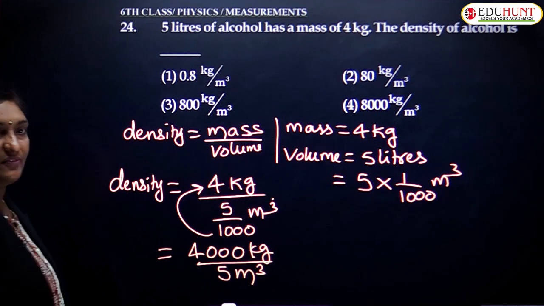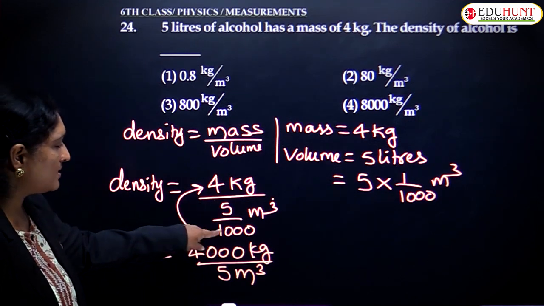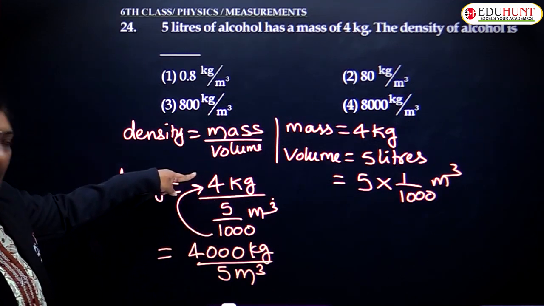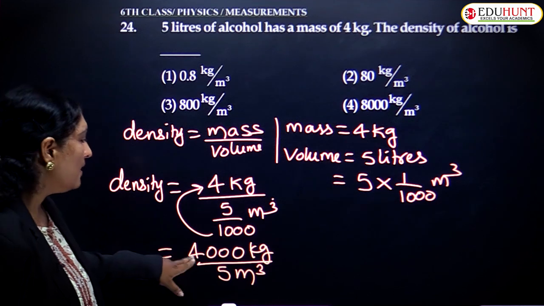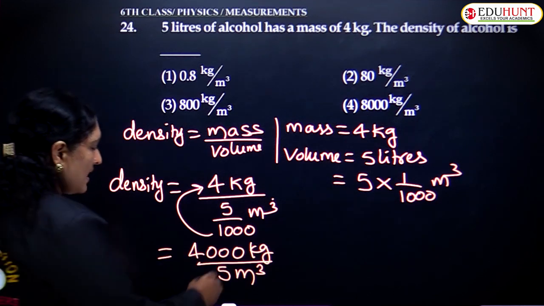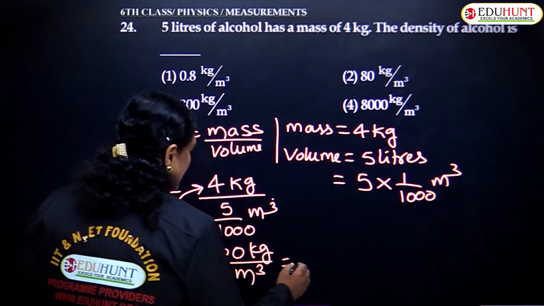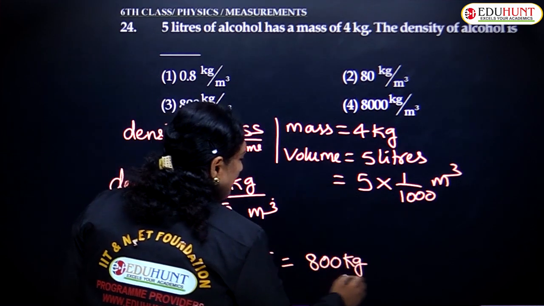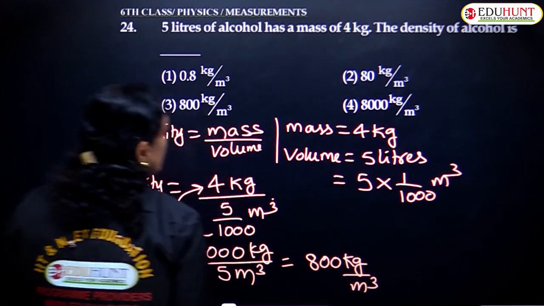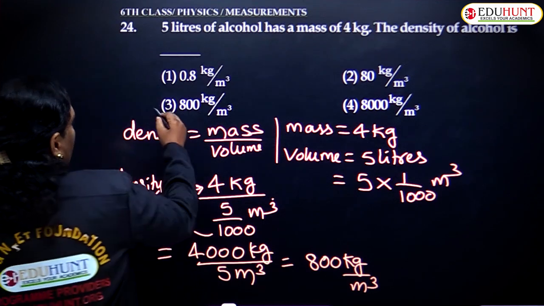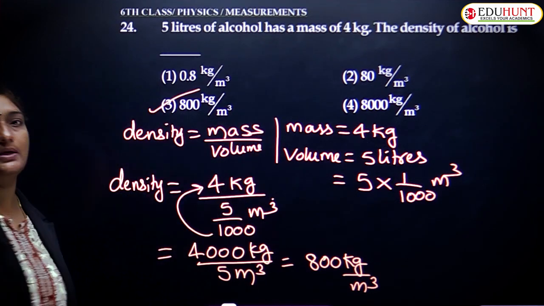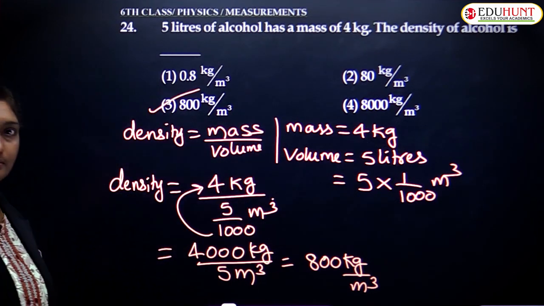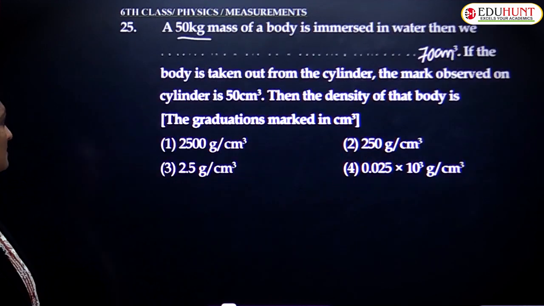I hope you know the simplification. This 5 by 1000, this 1000 will go to the upper region. Then 4000 by 5. What is the answer? 5 goes 8 times. So you have 800 kg per meter cube. Where is the correct answer? 800 kg per meter cube. Third option. Okay, children. Next.